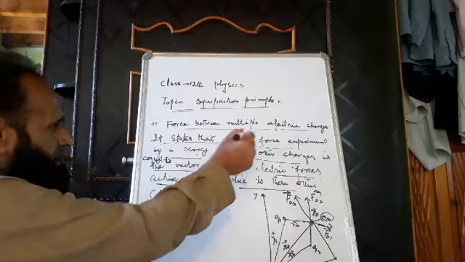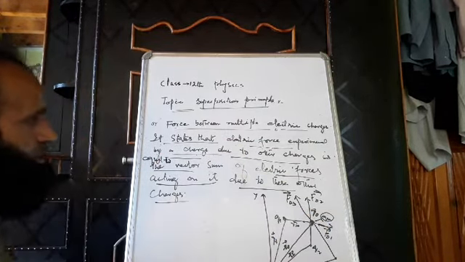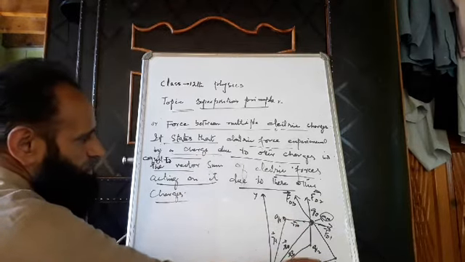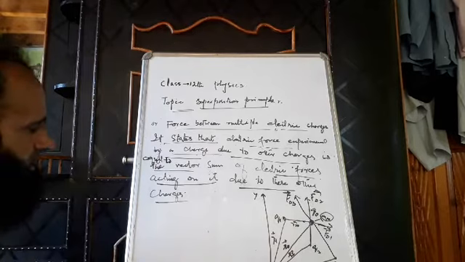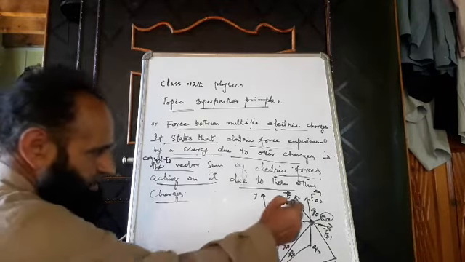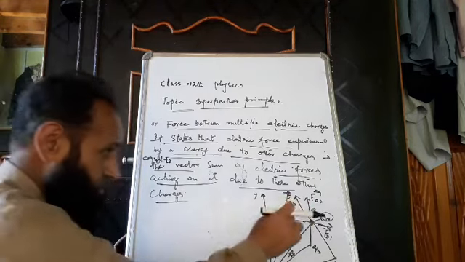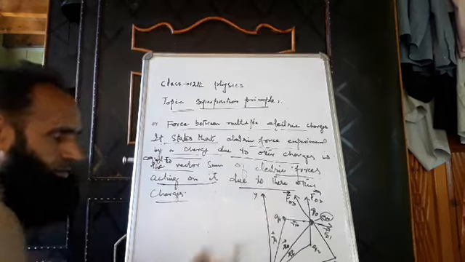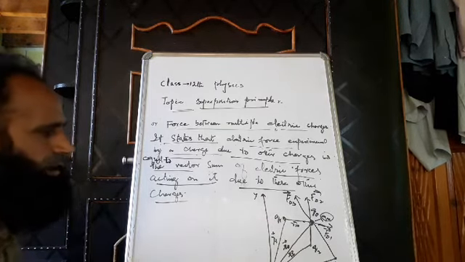The electric force on this charge due to the other charges Q1, Q2, Q3, Q4, Q5 up to Qn is equal to the vector sum of the electric forces F01, F02, F03, F05 and so on up to F0n.